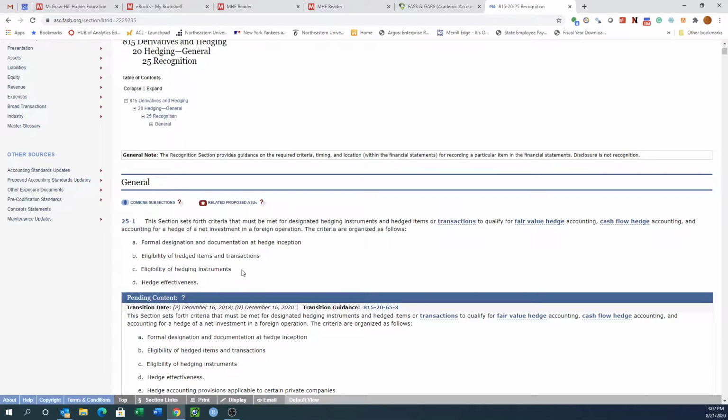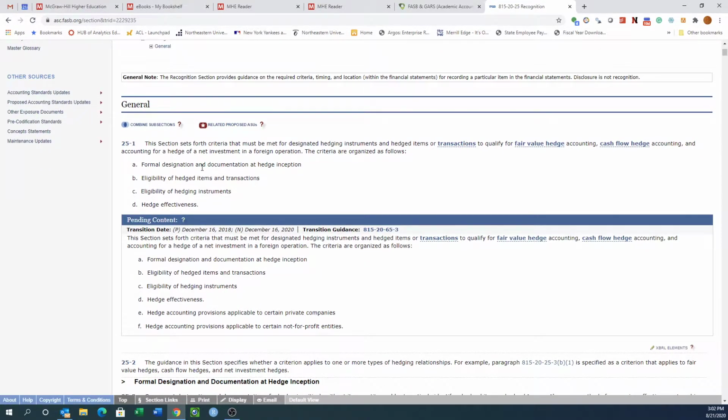Your hedging instrument must also be designated as eligible. And there has to be a discussion about hedge effectiveness and a measurement of hedge effectiveness. These are the four criteria. You have to have all four of these things in order for this to be considered hedge accounting.